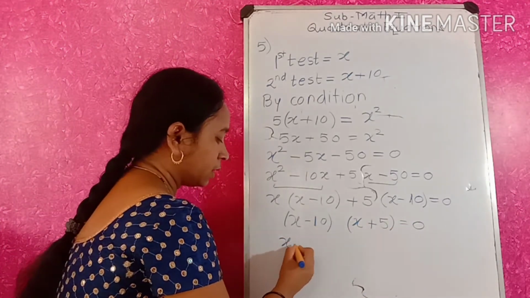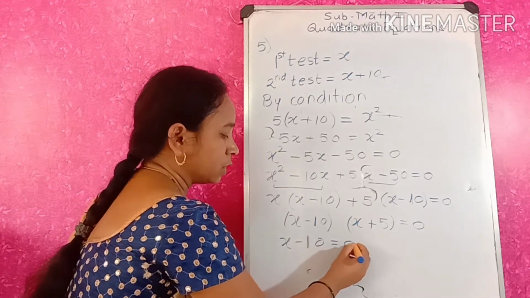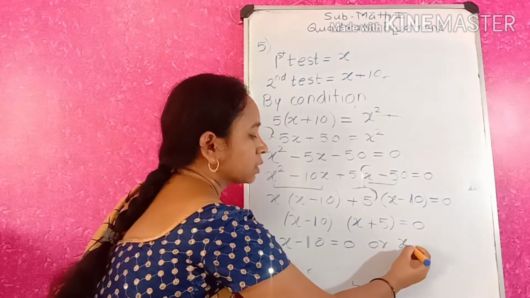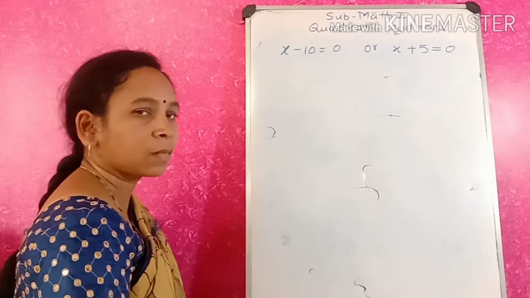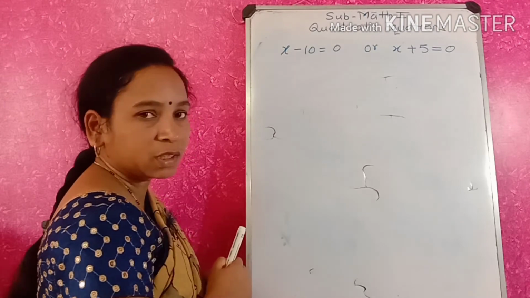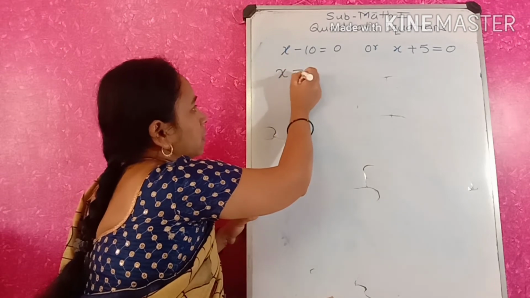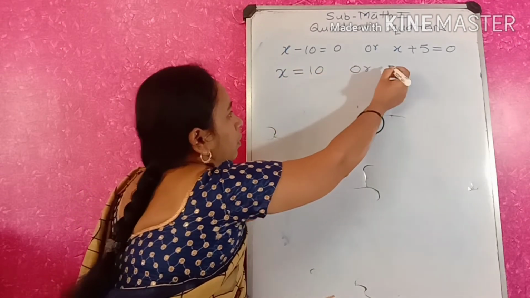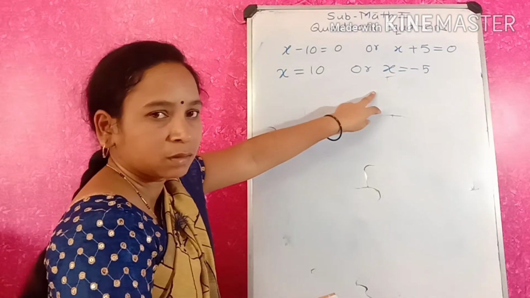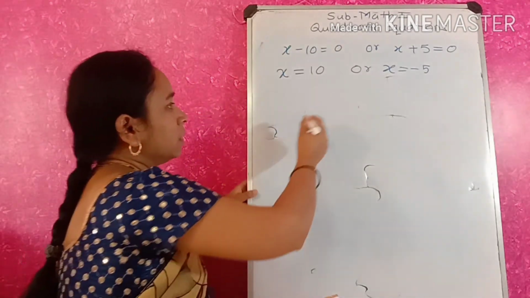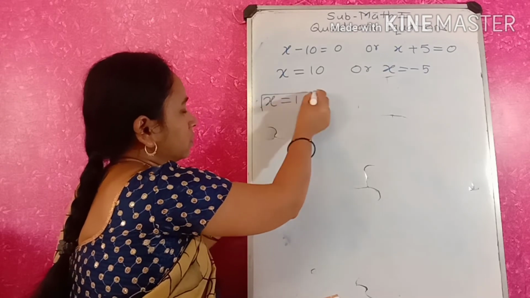So x minus 10 is equal to 0 or x plus 5 is equal to 0. So here you will get x is equal to 10 or x is equal to minus 5. X is marks, so it cannot be negative. So I'll consider it not accepted. So here x is equal to 10 would be the answer.